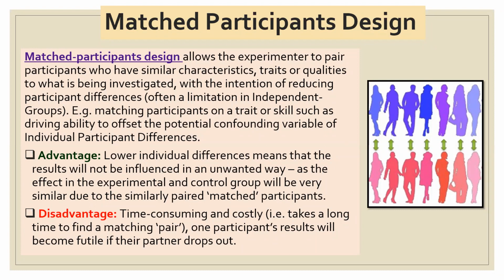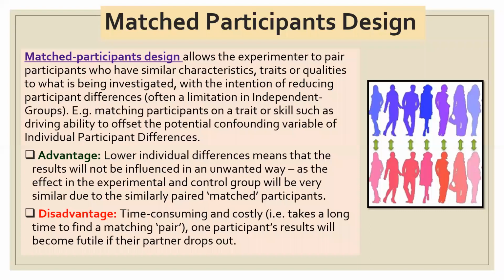What we have to do is match participants in terms of two variables. We have to match participants in terms of their general alcohol tolerance level, and we have to match participants in terms of having a similar number of years of driving ability and driving experience.